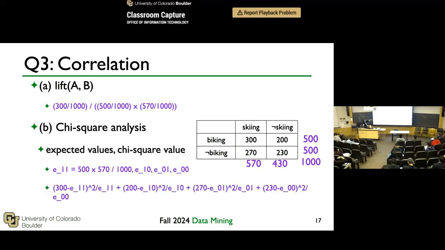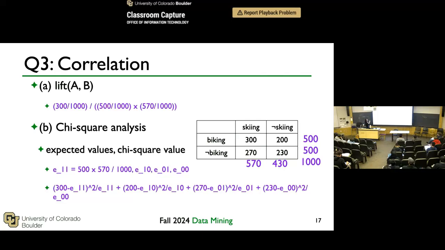Chi-square specifically, because chi-square is doing this difference between the observed value and expected value for all four scenarios. So this is a clear inclusion of the null transactions. Lift, because I'm considering everybody, is also including the null transactions, okay?